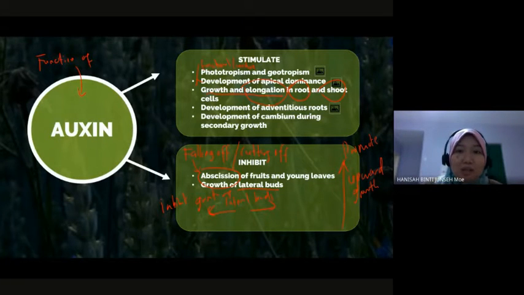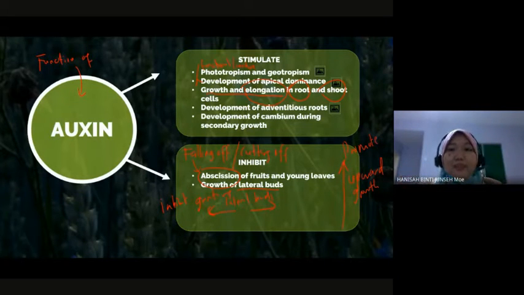It is only one of them, not both. It is either upward or side by side. So in this case, auxin controls or promotes the growth of apical dominance. When I do like this, it means upward. Apical dominance, so it will inhibit the lateral buds development.